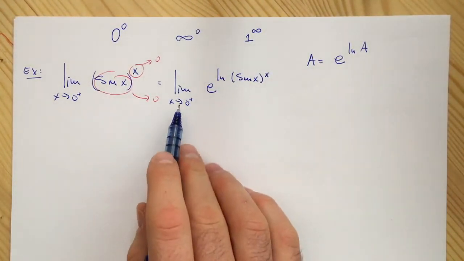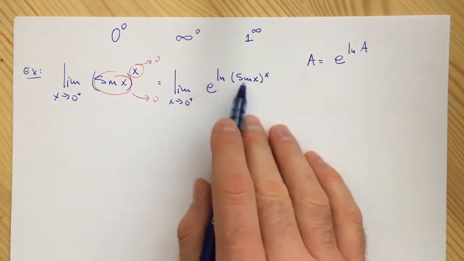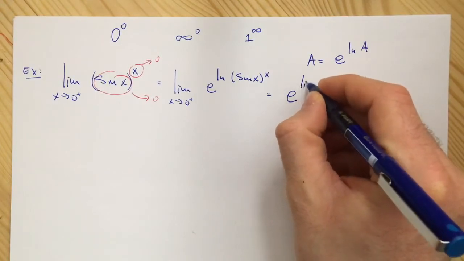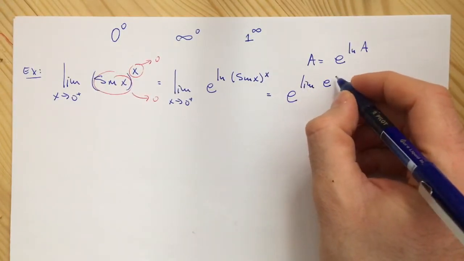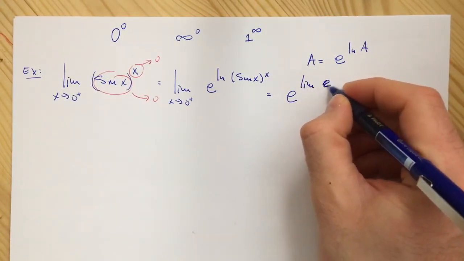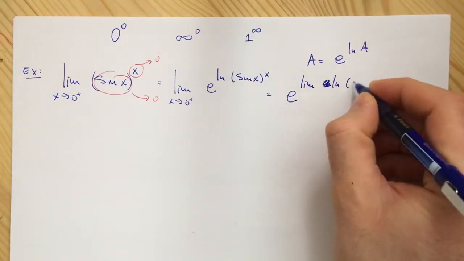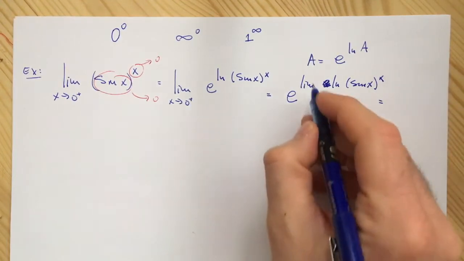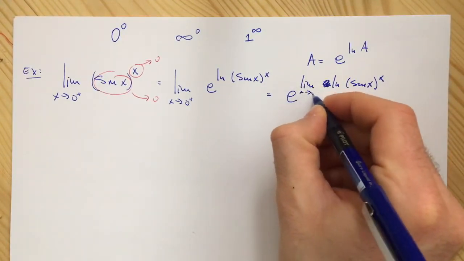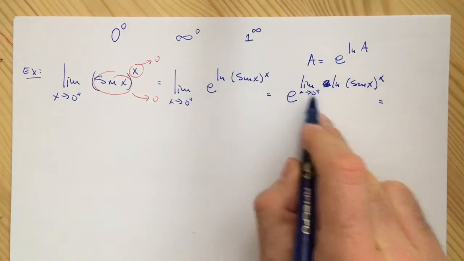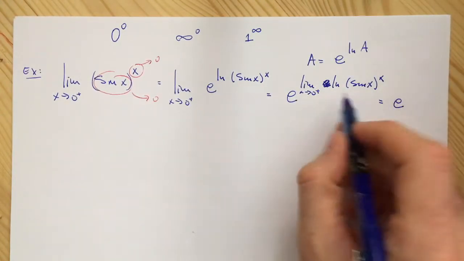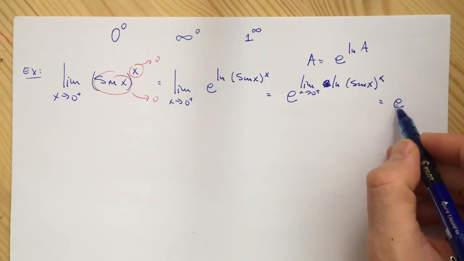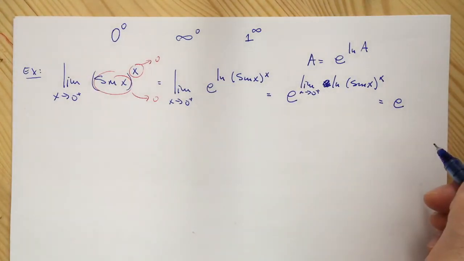And now, as you can see, x appears here only in the exponent, so from Cal 1 we know that this can be written as e to the power of the limit of ln of sine of x to the power of x. And if this limit converges to some constant, this is going to be e to that constant, and we are done.